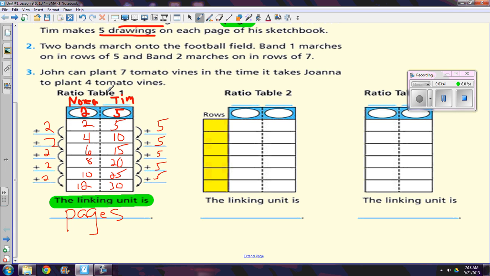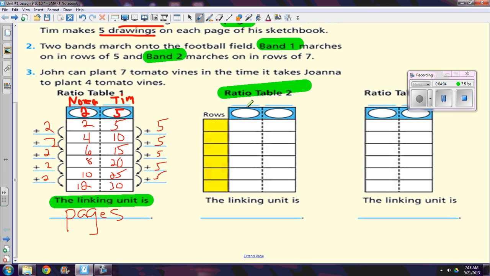It says 2 bands marched onto the football field. Band 1 marches on in rows of 5, and band 2 marches on in rows of 7. So again, ratio table. We have band 1 and band 2.